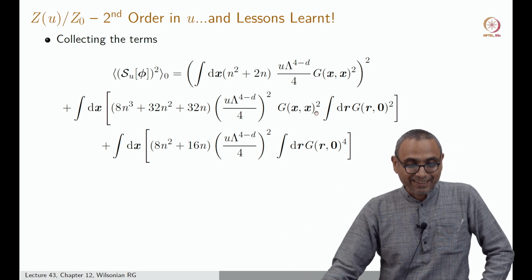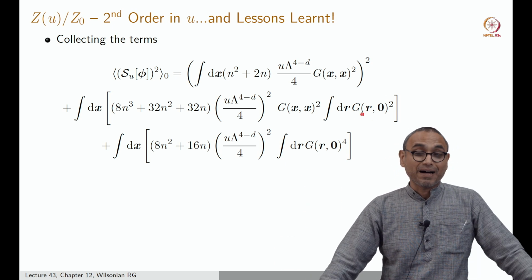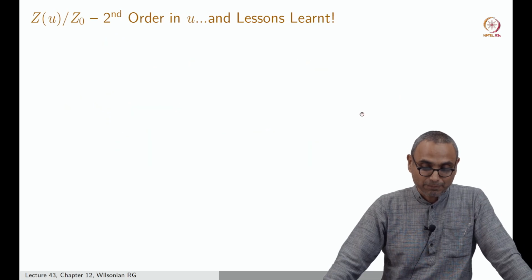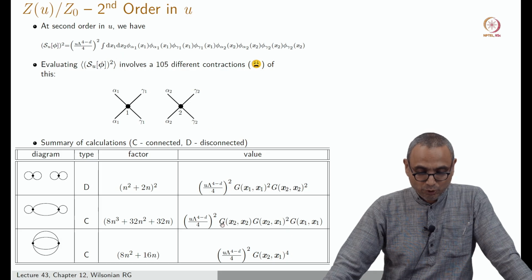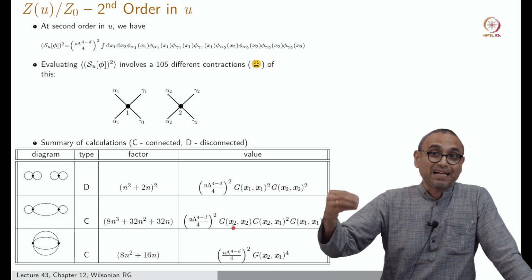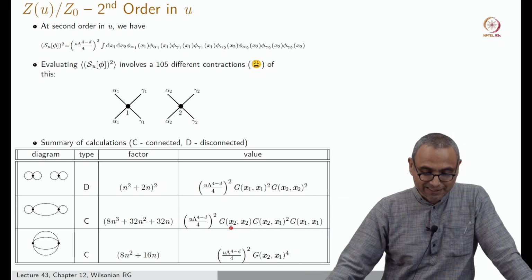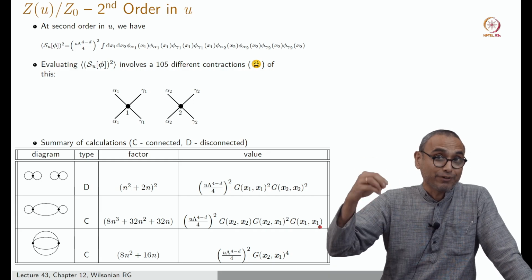And to get to this form, I played a small trick here. Let me explain how I did that. So this is dx1 dx2 of g(x2,x2) g(x1,x1). Since the problem has translational symmetry, we are not breaking translational symmetry, g(x2,x2) and g(x1,x1) will not depend on the value of x2 or x1.